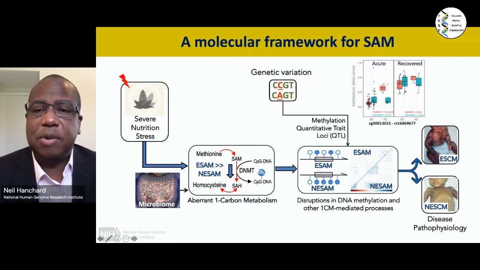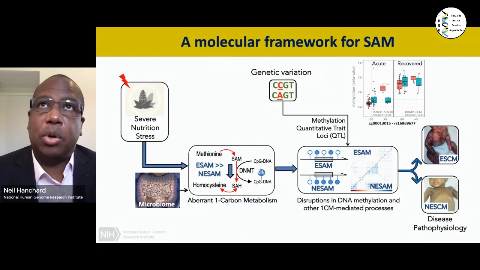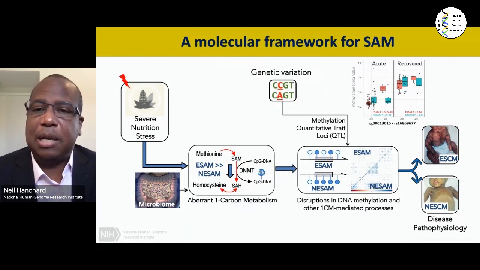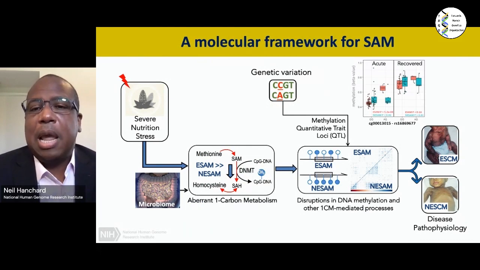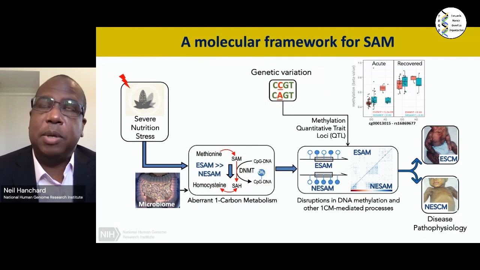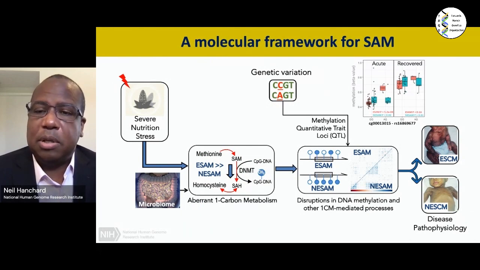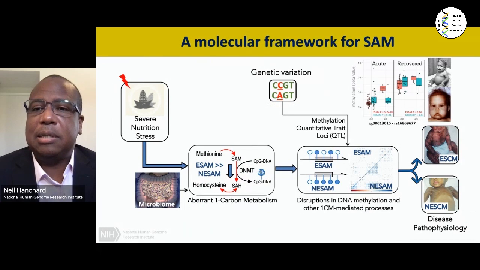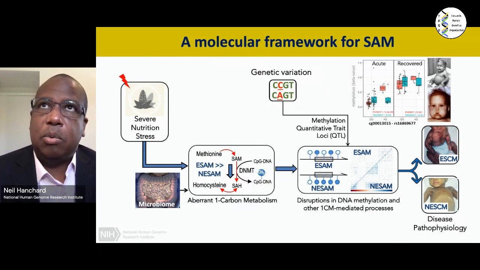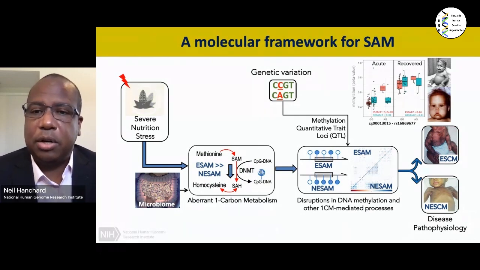And this kind of context-dependent DNA methylation QTLs, we found at about a quarter of the sites where we had differential methylation. And so we view these as maybe fine-tuners of the hypomethylation. That is, the kind of things that might make the difference between where you're more severe or less severe, or why you might have more fatty liver or skin or hair changes in one case than the other.